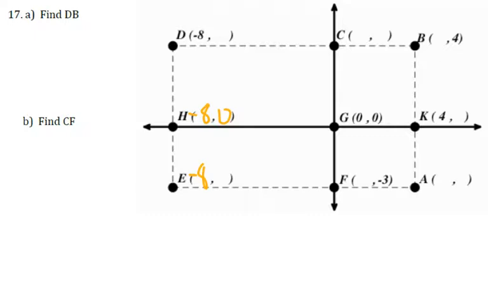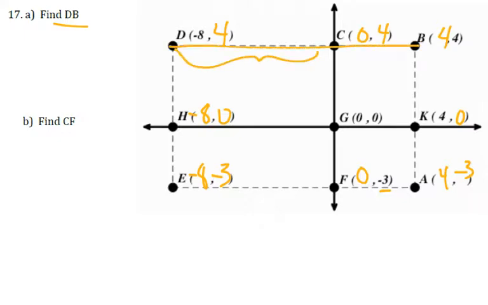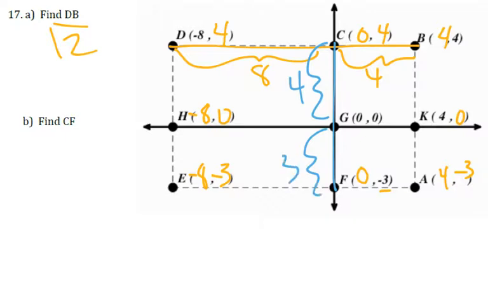Would be 0, negative 3, 0, negative 3 and 4, 0 and 4, 4 and 0, and 4 here. dB, it's again right there, the x value distance is 8. This one's 4. 8 plus 4 would give me 12. Okay, CF, C down to F, the vertical distance is 4 and 3 because it goes down 3. 4 plus 3 would give me 7.